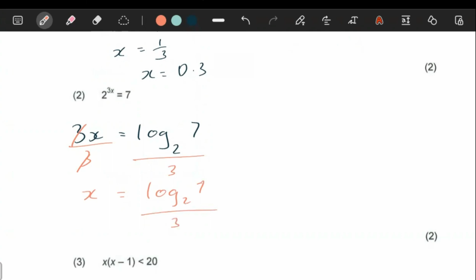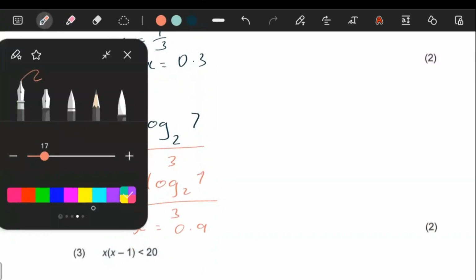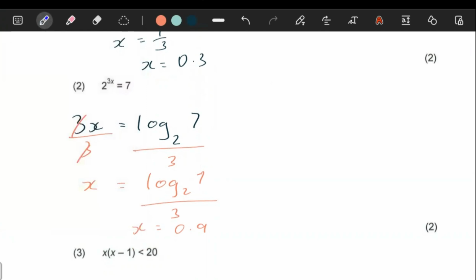When you put this in your calculator, fraction button, log with the 2, 7 there, and the 3 at the bottom, this is giving you an answer of 0.9 to one decimal place. Now, if you spot any funny typos, you can just let us know in the comments, and we shall acknowledge that. So thank you very much.